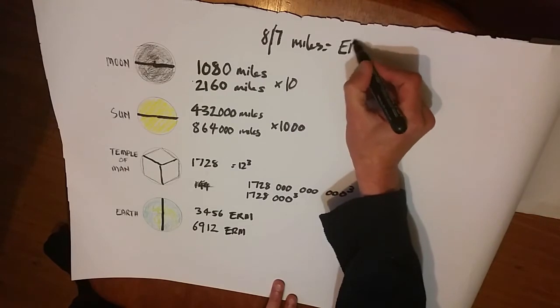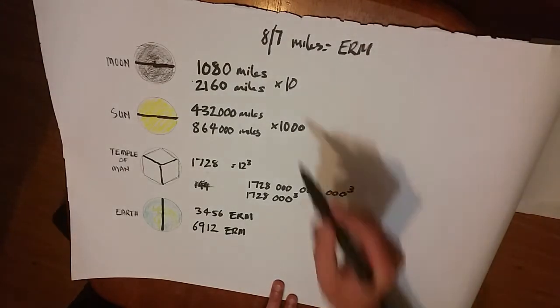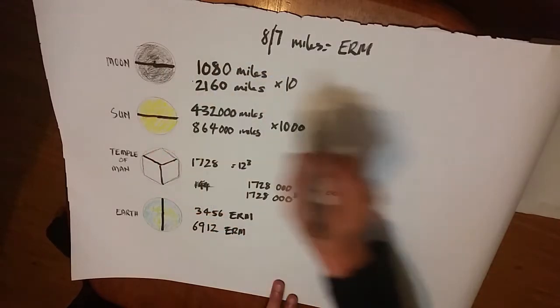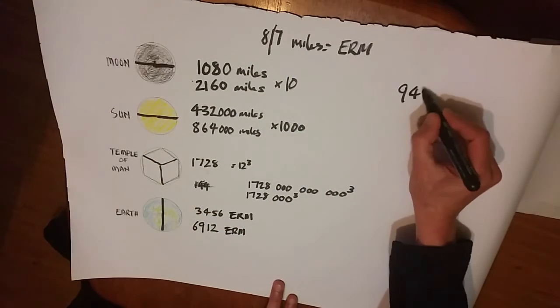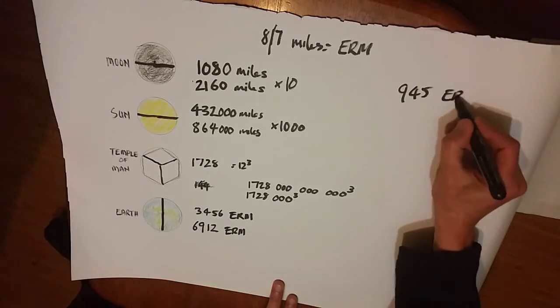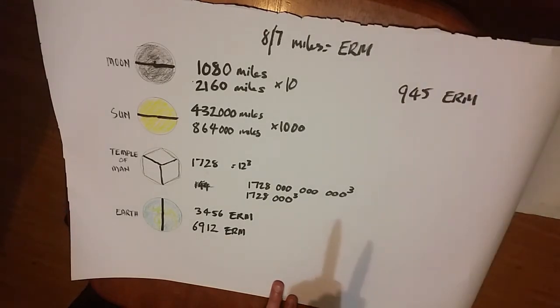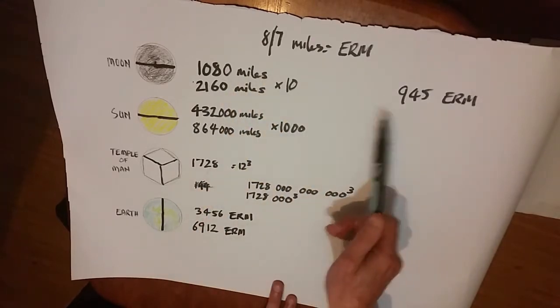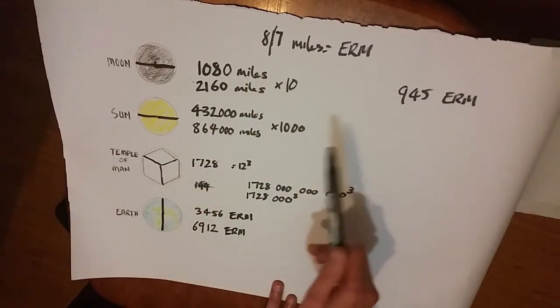And if we convert that, we'll find that the equatorial radius of the moon is 945 Egyptian royal miles. Very nice, because this number is a lovely conversion point, so we get whole numbers between these.